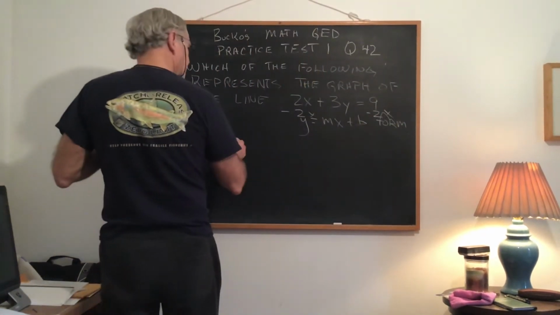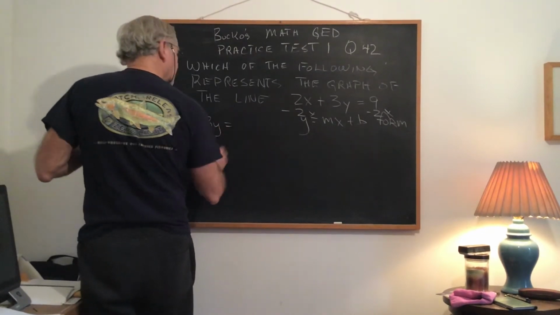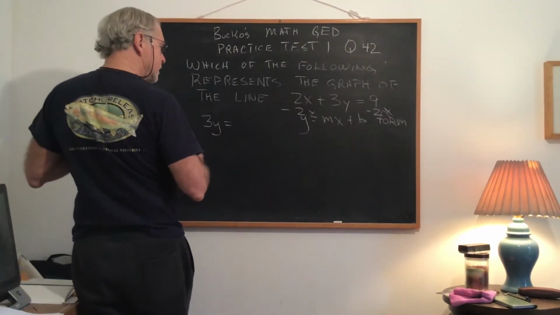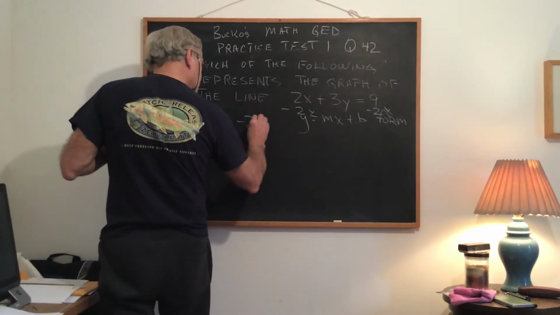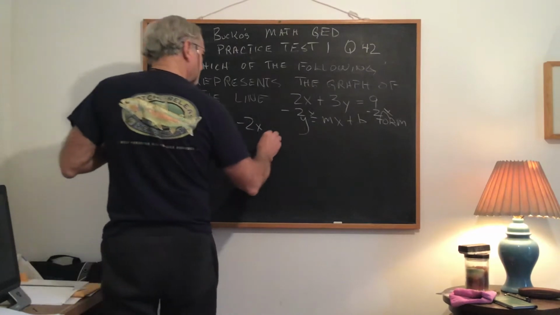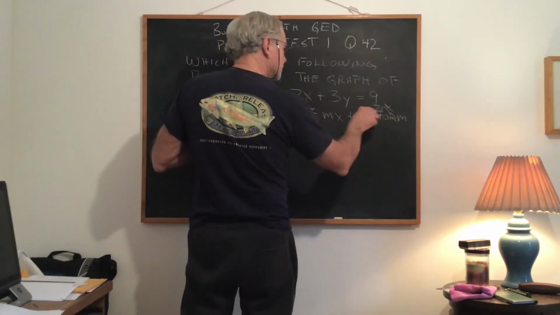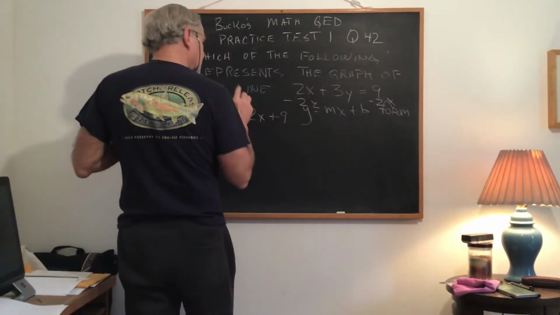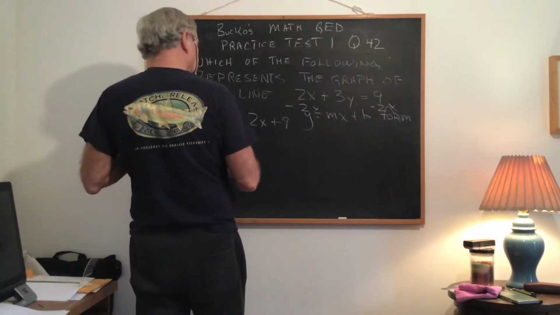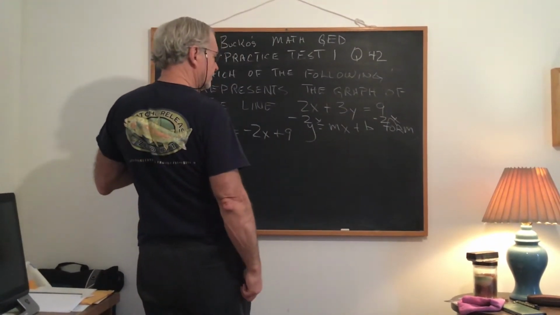That gives you 3y equal to negative 2x plus 9. When you combine these, the 9 is positive, and the negative 2x you put over there because you don't have anything to subtract it from.